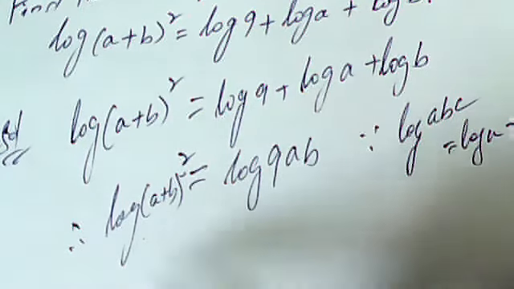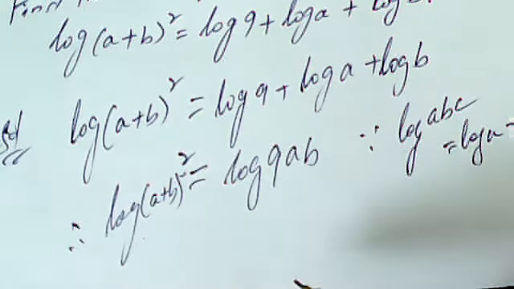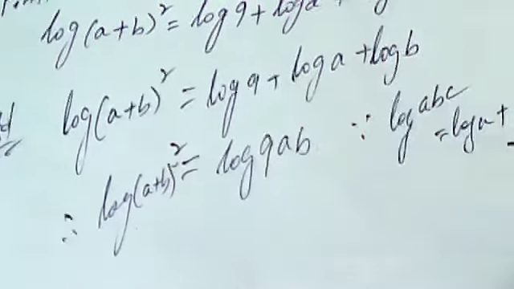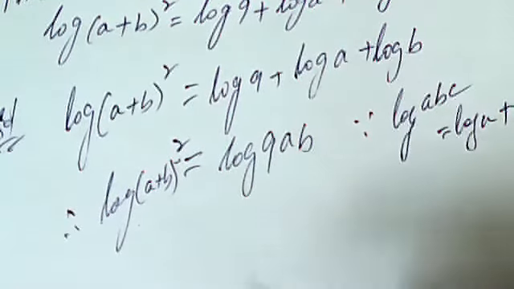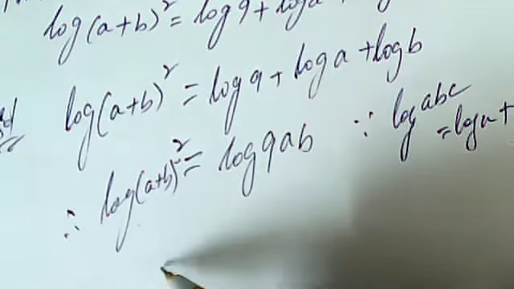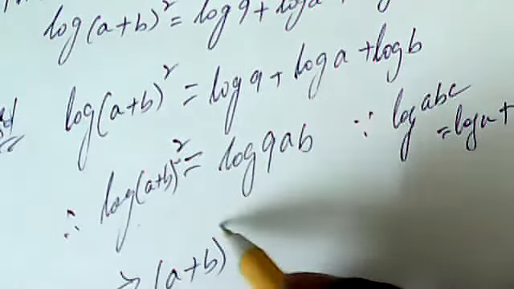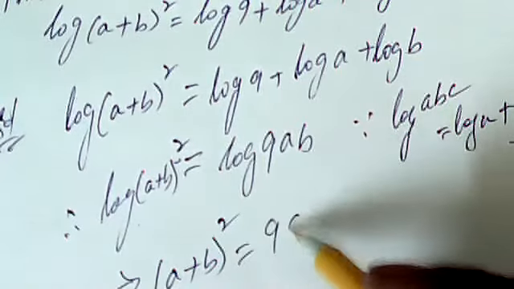Taking the inverse logarithm, that is the exponential function, raising both sides to the power of e, the log can be cancelled, that is, we get (a plus b) whole square is equal to 9ab.